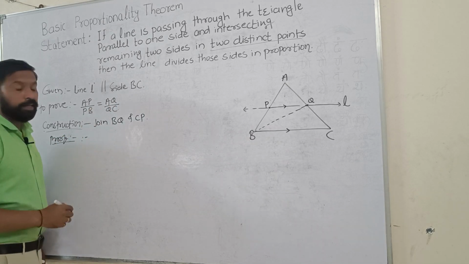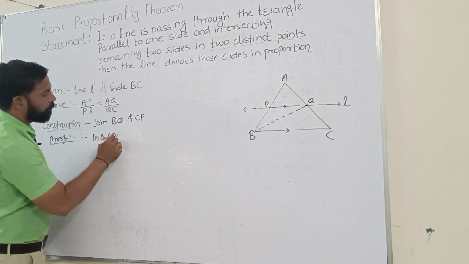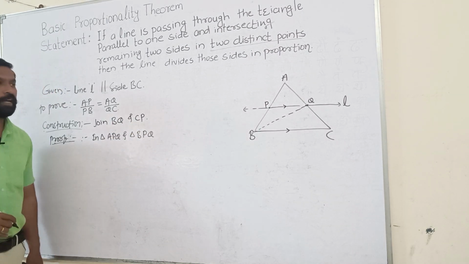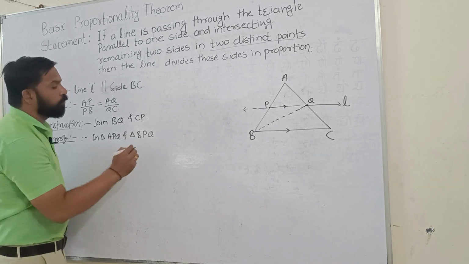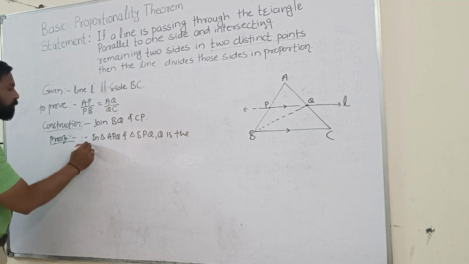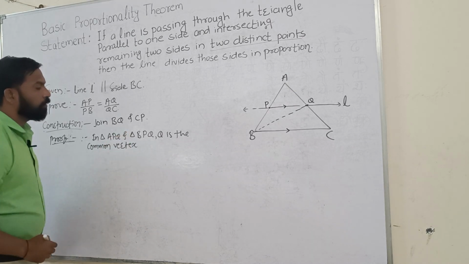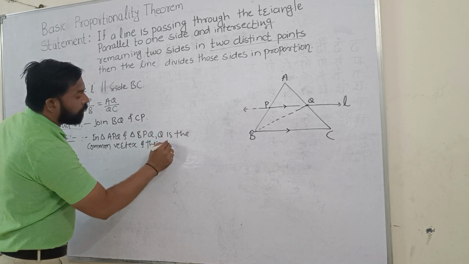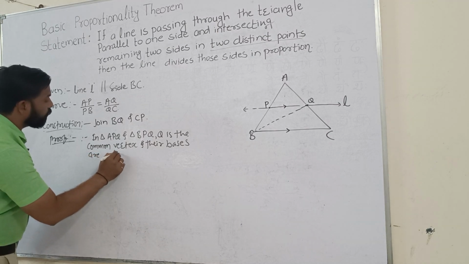Now, as we have discussed, first of all, in triangle APQ and triangle BPQ, Q is the common vertex and their bases are collinear.